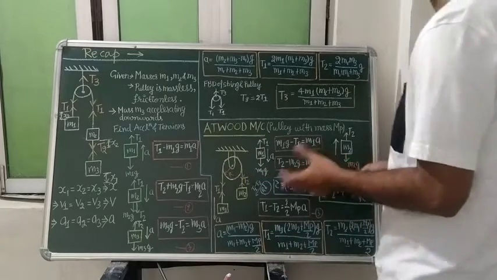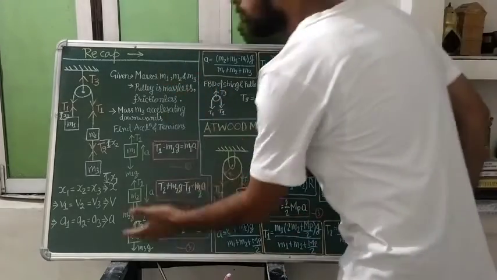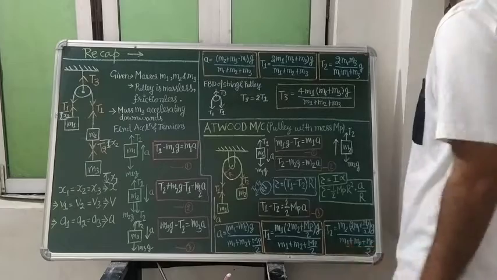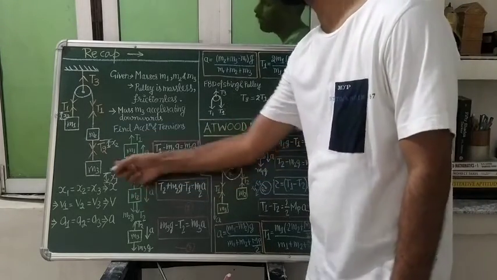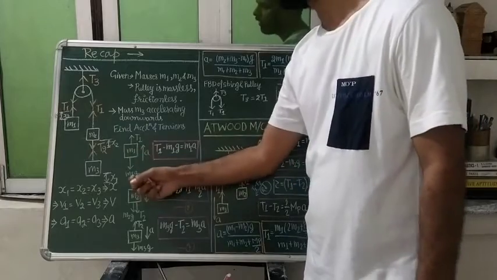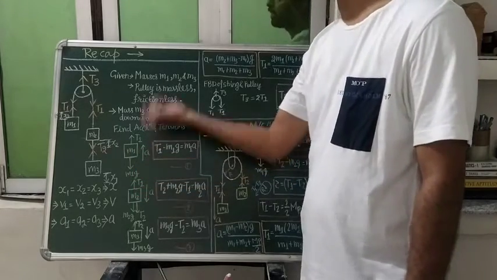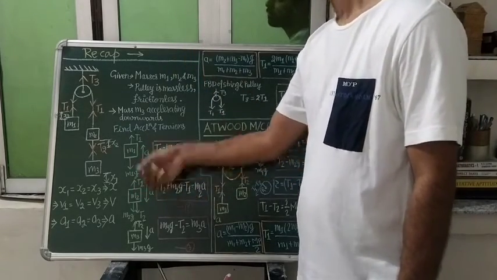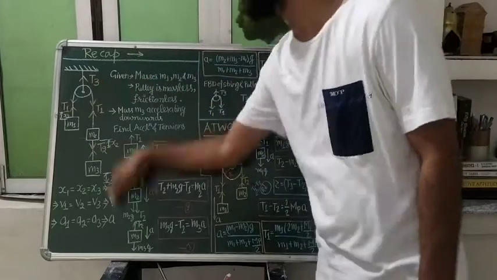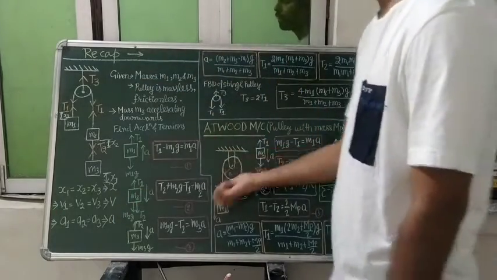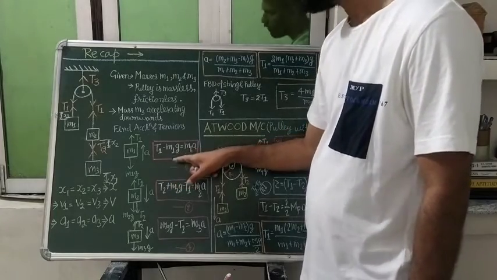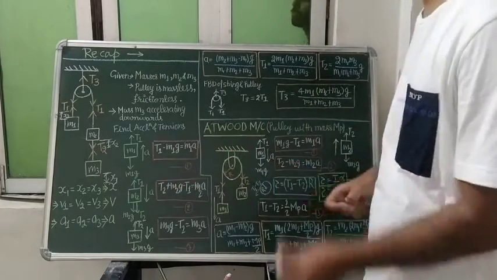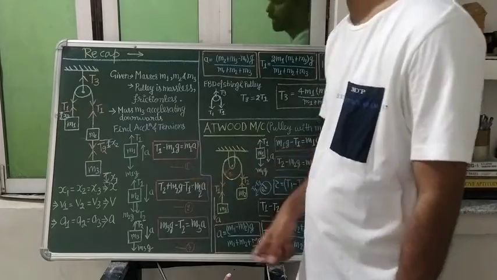Now after that, what have we done? We made the free body diagram. The force due to gravity for M1 will act in the downward direction, and tension T1 will act in the upward direction. It is accelerating upward since the other mass is coming downward. Taking upward as positive, T1 minus M1g will be equal to mass times acceleration, Newton's second law.